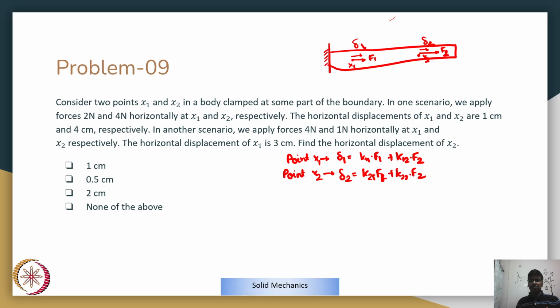Suppose we only look at point 1 in both the cases. Then we know that in case 1 displacement 1 is nothing but k11 into f1, which is 2, plus k12 into f2, which is 4, which would imply that half is equal to k11 plus 2k12, which would mean that k11 is half minus 2k12.